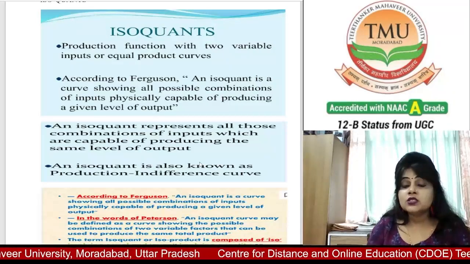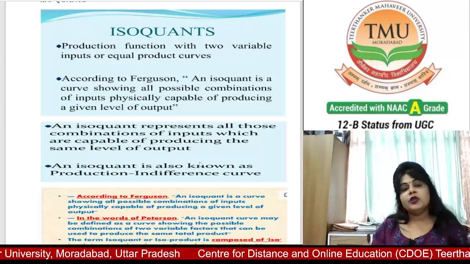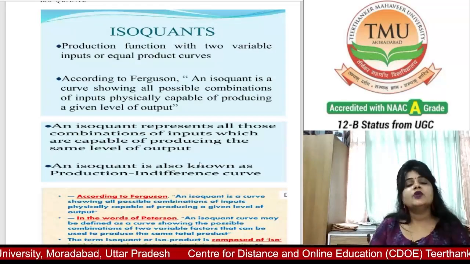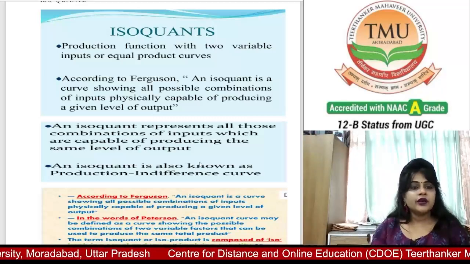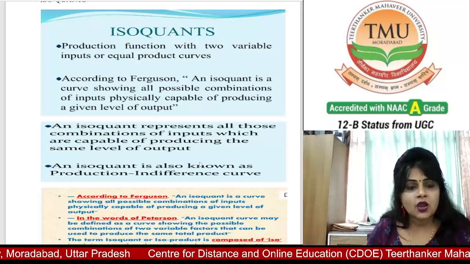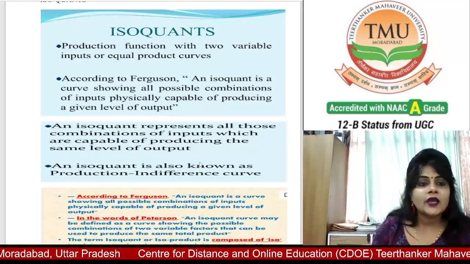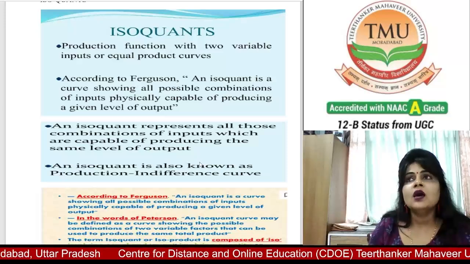And the technological trade-off between the two: how much capital would be required to replace a unit of labor at a certain production point to generate the same output. And labor is often placed along the x-axis of the isoquant graph and capital along the y-axis.